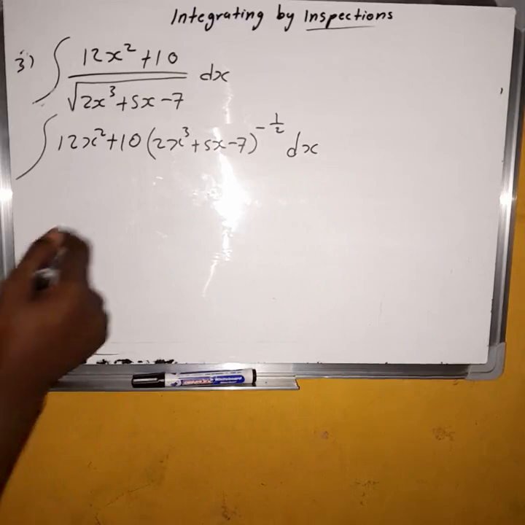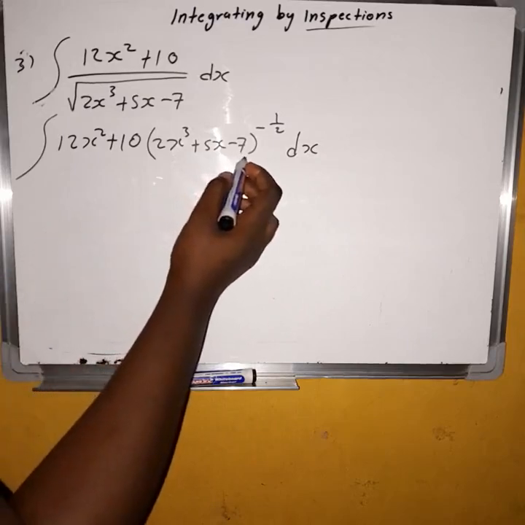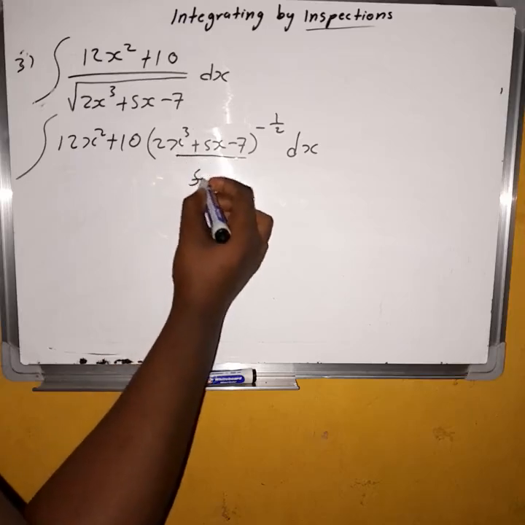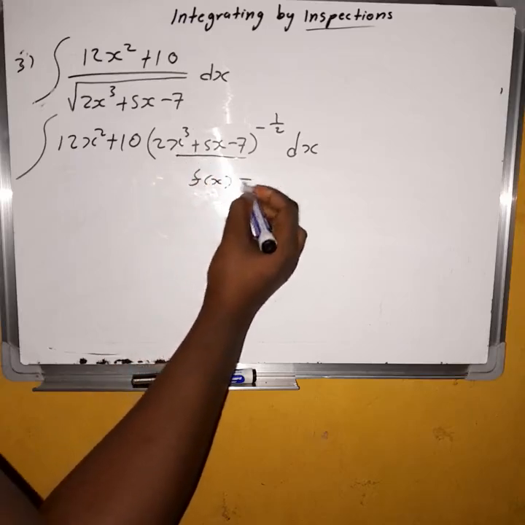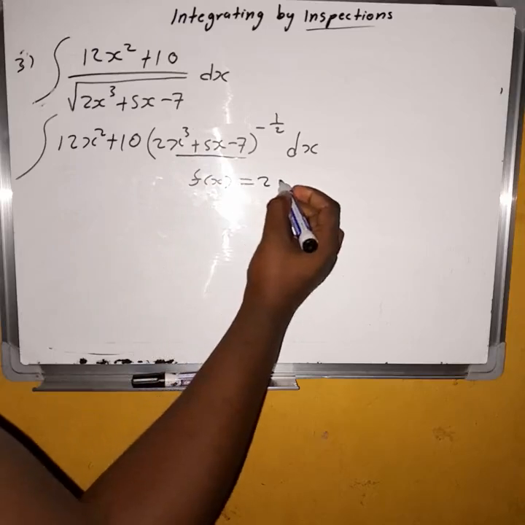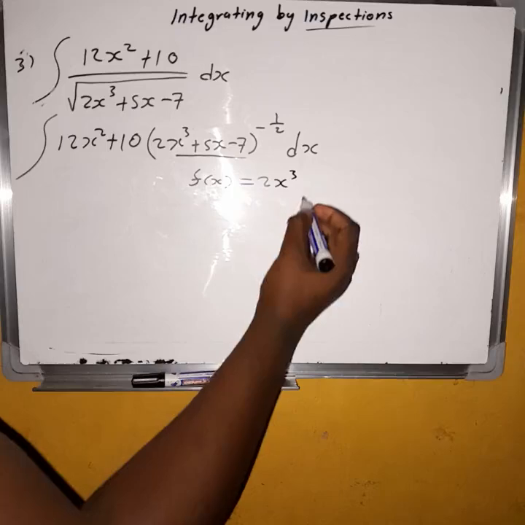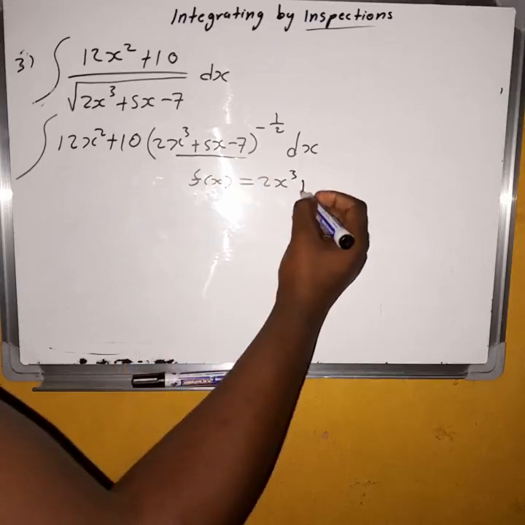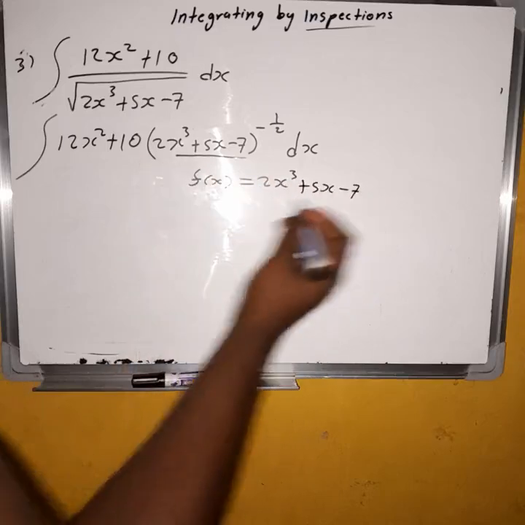Now let us make this f of x. F of x will be equal to 2x cubed plus 5x minus 7.